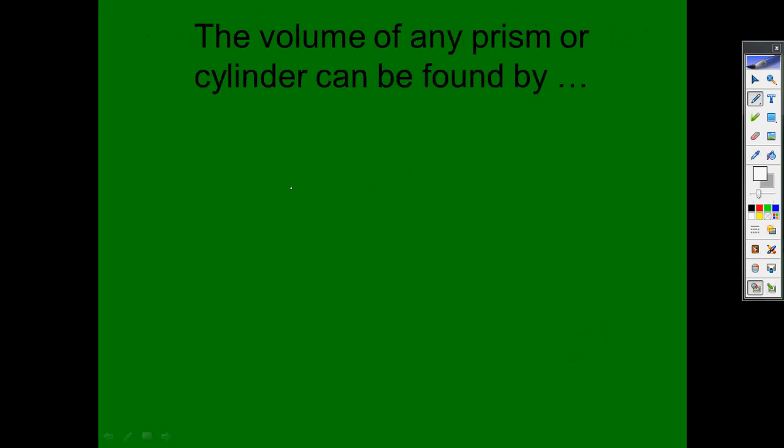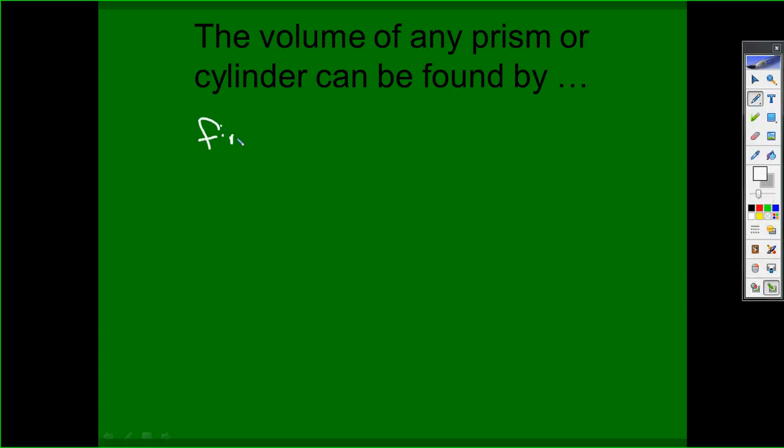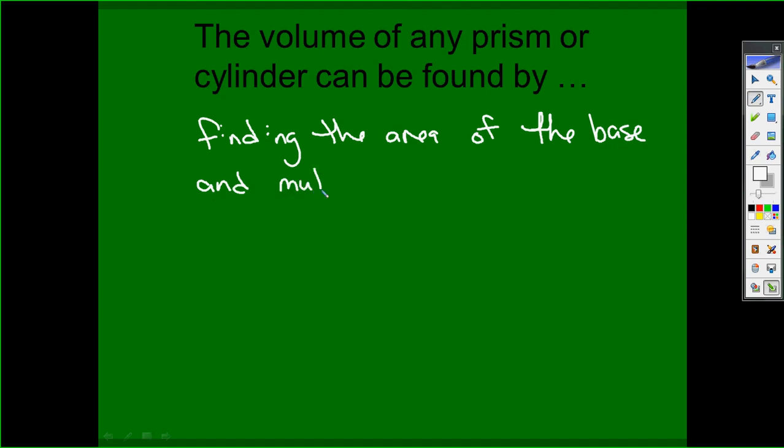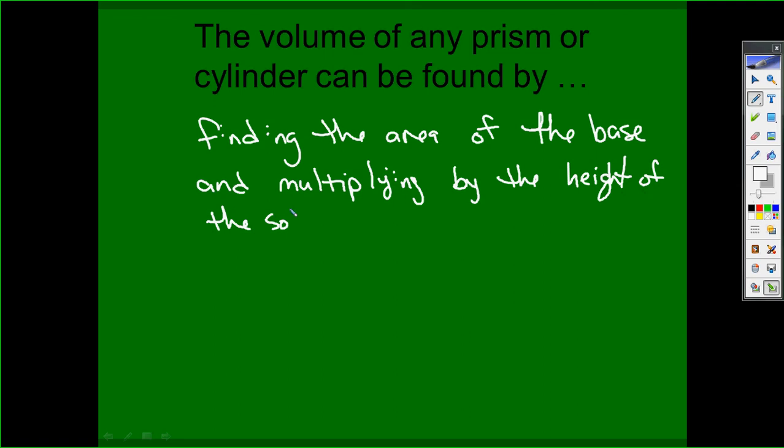The volume of any prism or cylinder can be found by finding the area of the base and multiplying by the height of the solid.